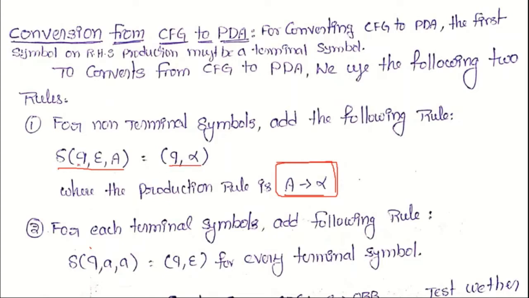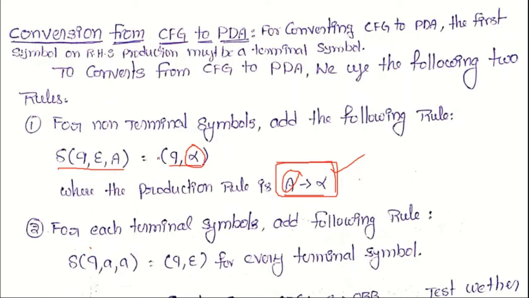The input symbol may be a or b or 0 or 1, any input symbol from the given grammar. Why did we write alpha here? Because there is a production from A derives to alpha, so in the place of A we write alpha.